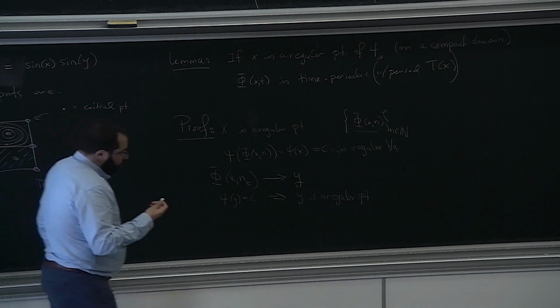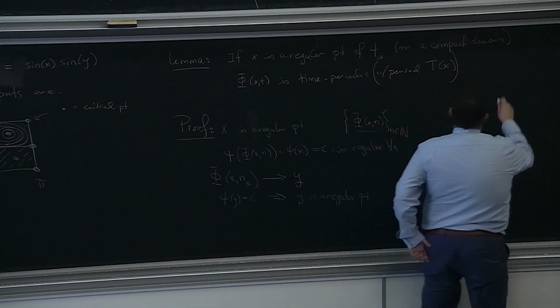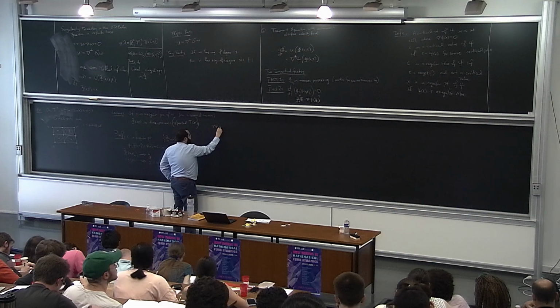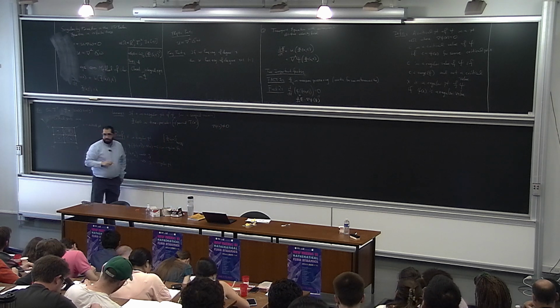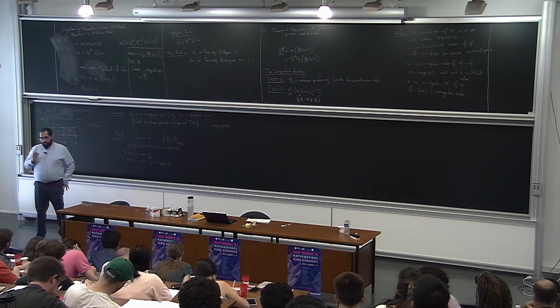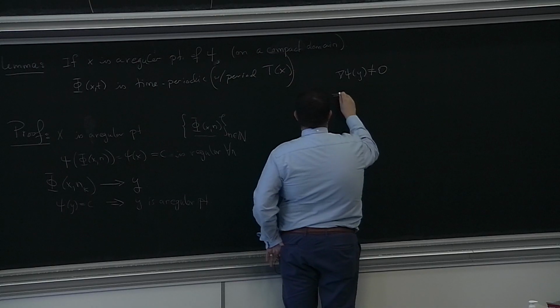And now regular point means, in particular, that the gradient of psi at y is not 0. This is the key thing. And what does that imply about the level set?